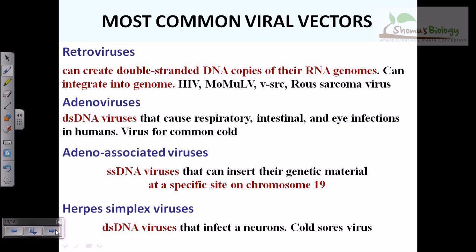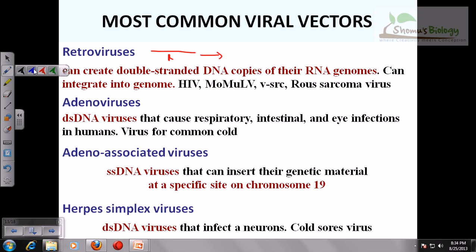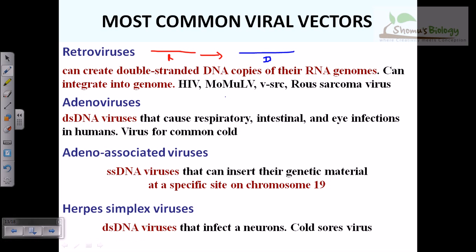Now the most common viral vectors we utilize are retroviral vectors, adenoviral vectors, adeno-associated viral vectors, and herpes simplex viral vectors. The retroviruses can create double-stranded DNA copies of their RNA genomes and can integrate into the genome. From the RNA they produce DNA because they are retroviruses.